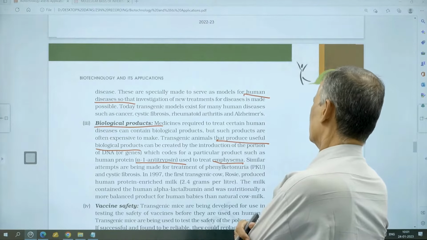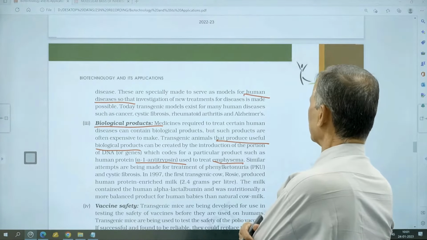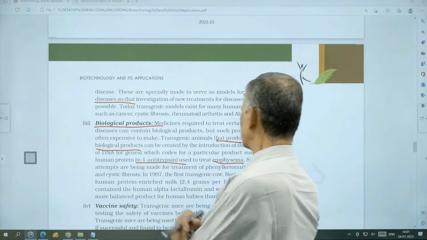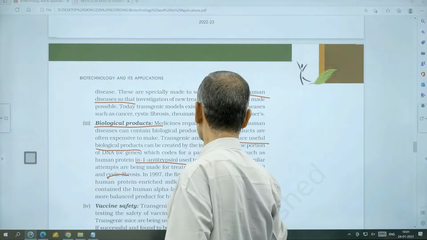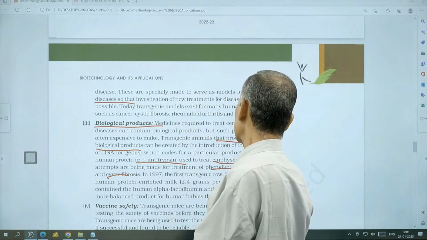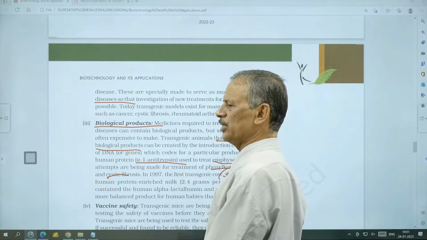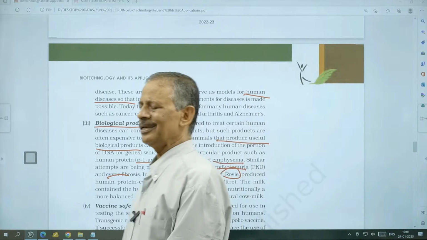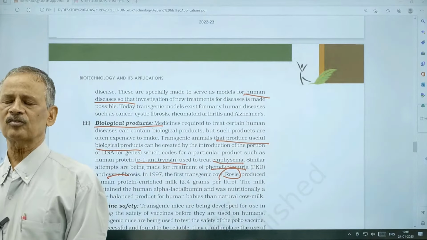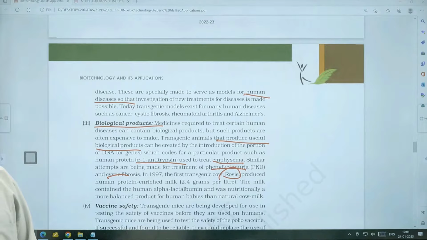Similarly, we are all trying to make treatments against PKU, cystic fibrosis, etc. The first transgenic cow, Rosie, was given the human lactalbumin gene and was made to produce human lactalbumin through her milk, which is very rich.